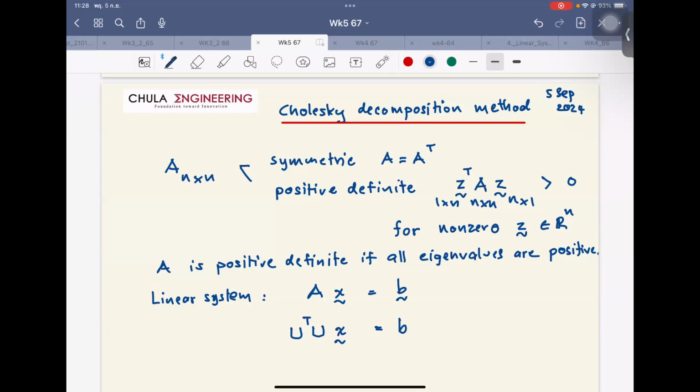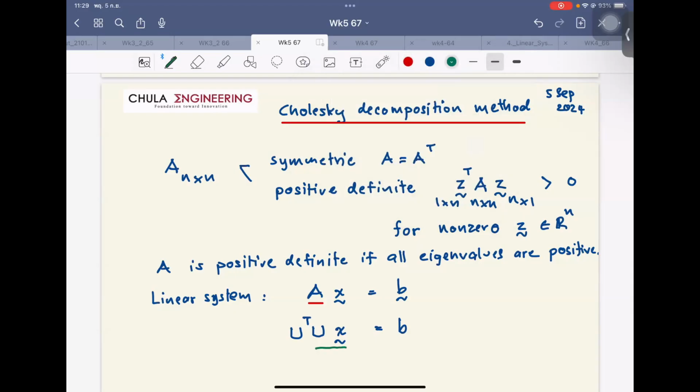I'm going to tell you how we obtain U. Very simple, by using the observation of matrix multiplication. Once we have this decomposition, matrix A decomposed into U transpose U, we can think of LU decomposition, right?